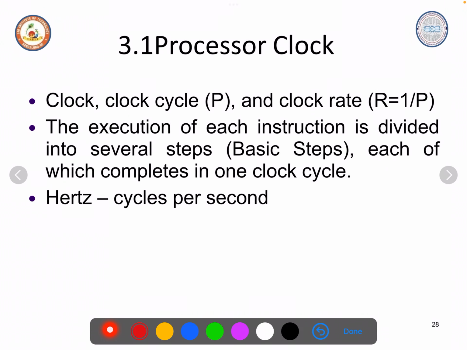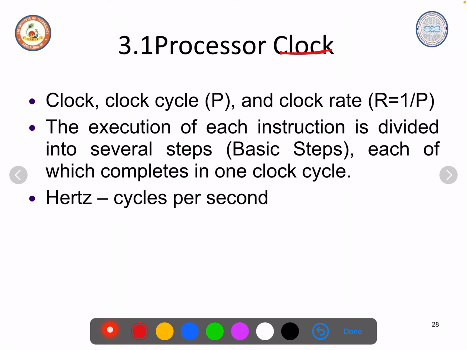So first, if you observe the processor clock, all the operations whatever you perform, all the processor circuits are controlled by a timing signal which we call a clock.